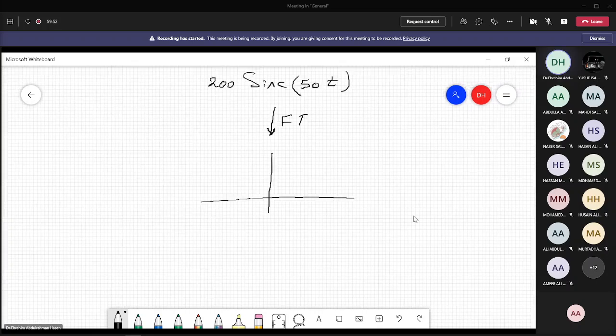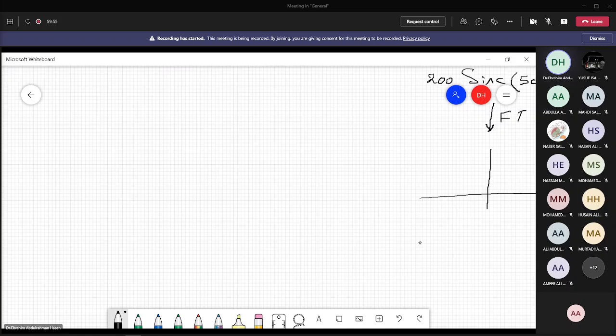Okay, if you remember, we did it like this. So if we have this one, minus T and here K divided by 2, then this one is sinc T multiplied by f.